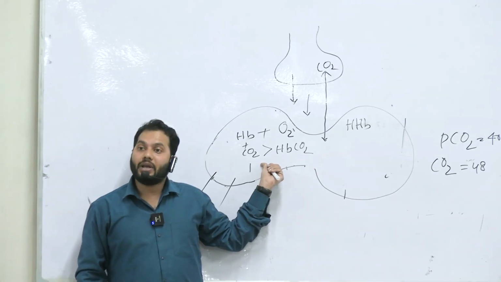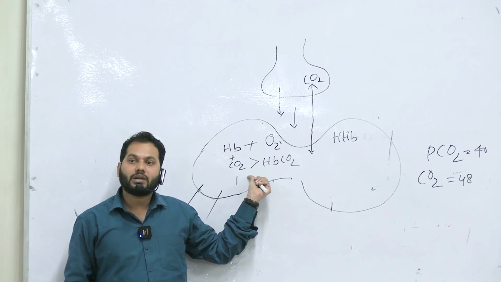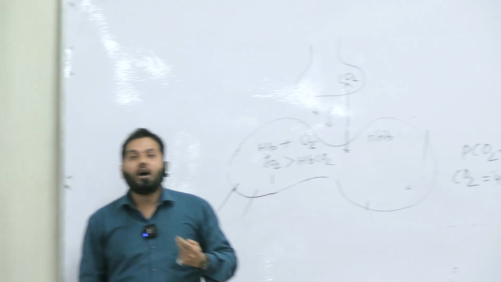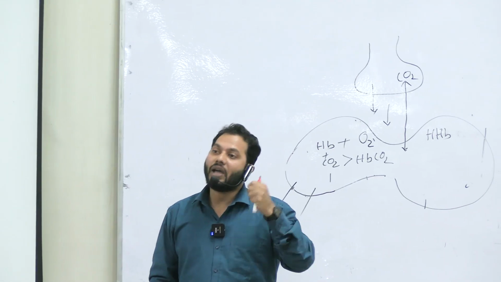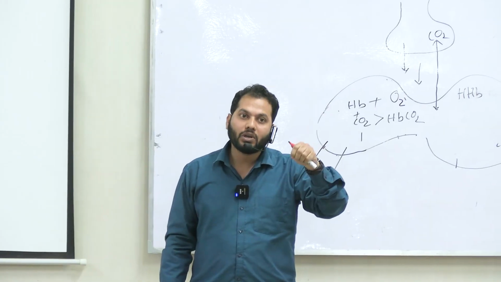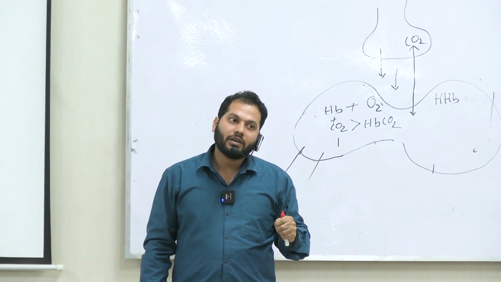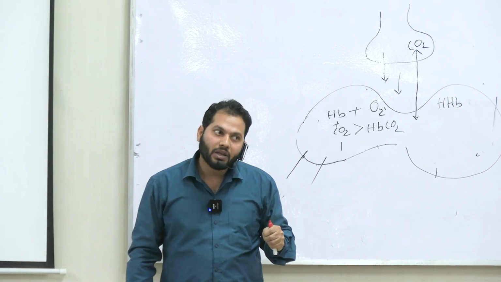In the systemic capillary, as I have mentioned, the affinity between carbon dioxide and hemoglobin is much more than the affinity between oxygen and hemoglobin, right?